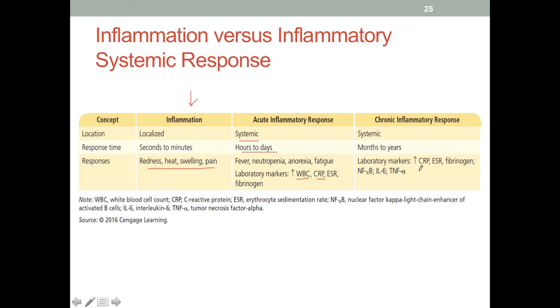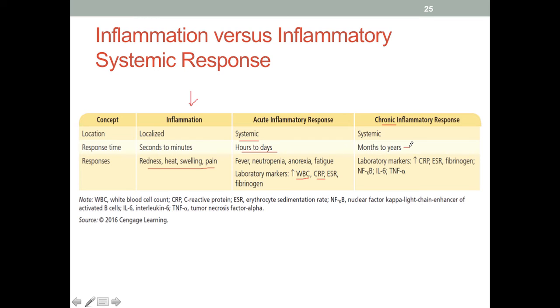Now, when we are talking about obesity or type 2 diabetes, which are chronic conditions, the system reaction may take months or years to develop. So that is why we call these chronic inflammatory responses. In this case, it is also systemic, therefore the patient may not have a specific site in the body where they see or feel these classic symptoms.